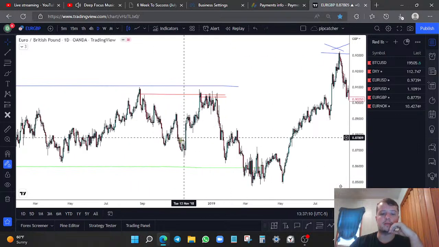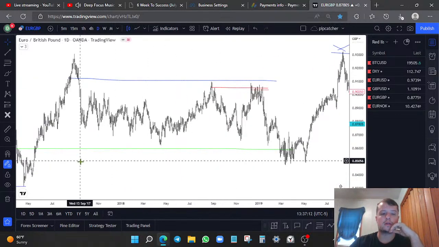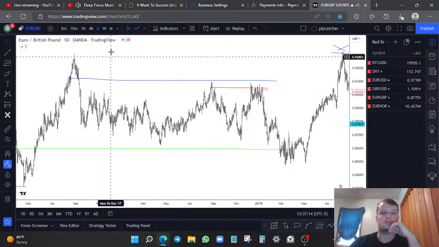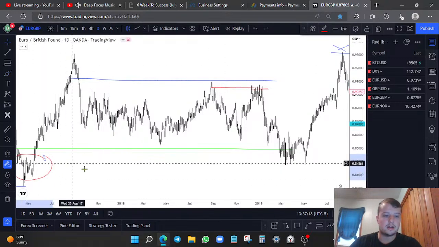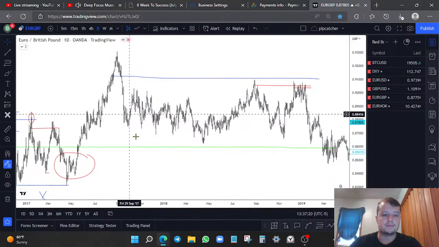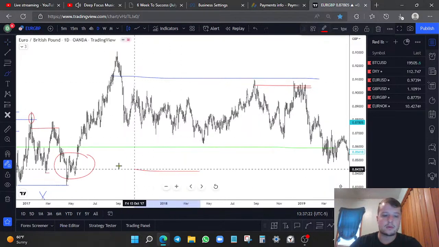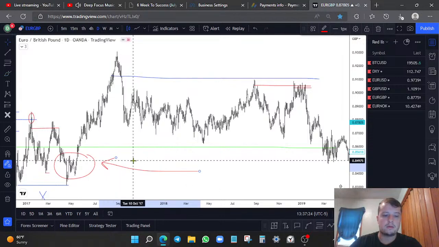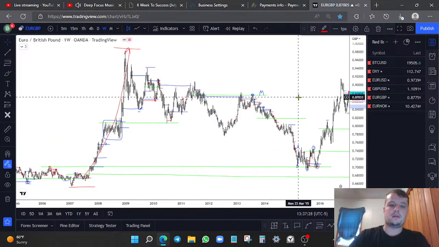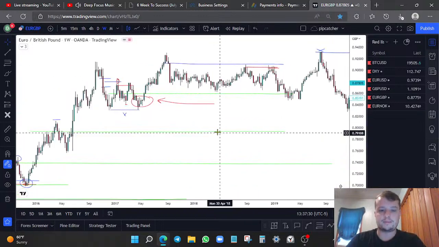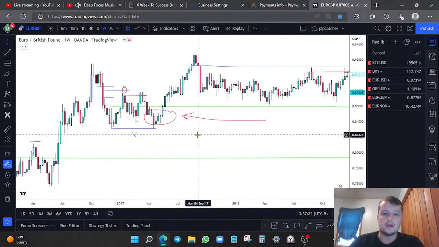Then we have that monthly point of interest down here. Let me go back on the weekly and look at this area here, right here, because I think we might have missed something, and we did, right?